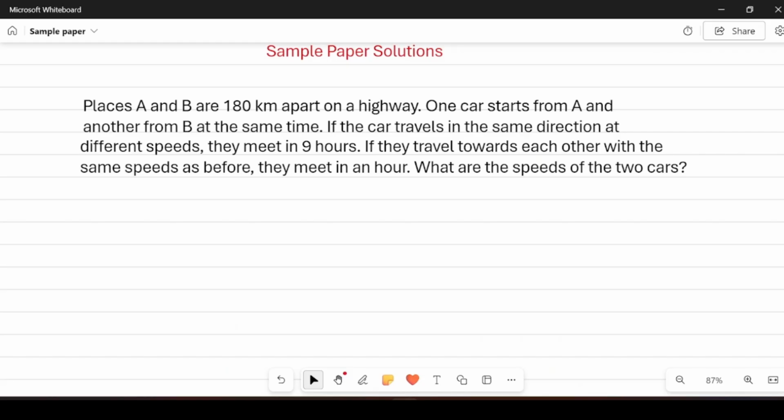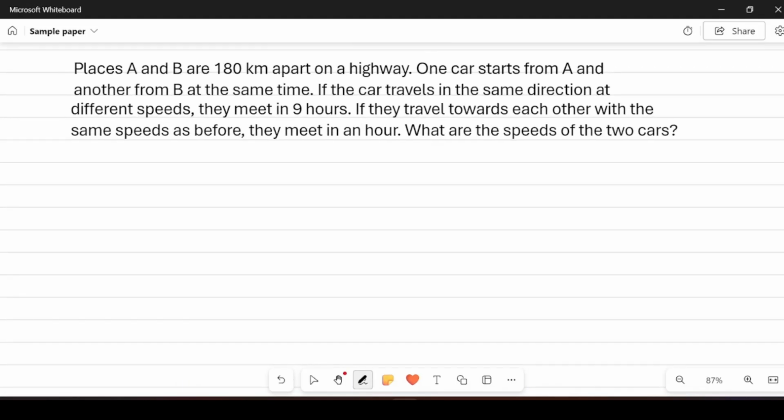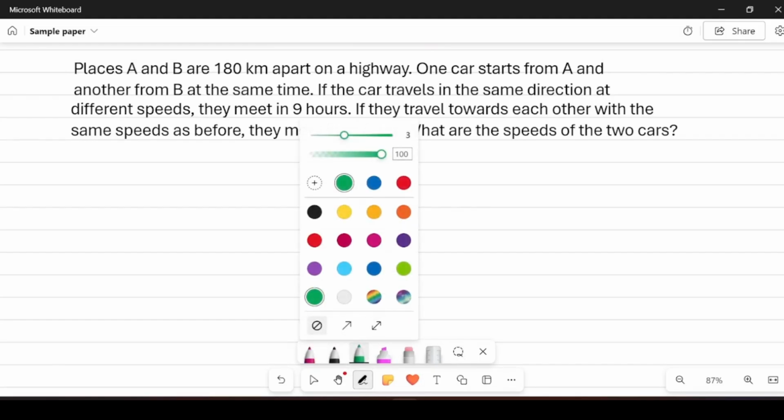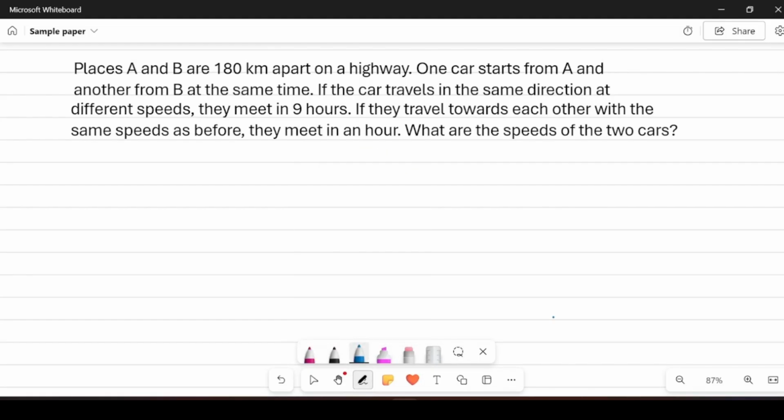Let's see. We have places A and B which are 180 kilometers apart on a highway. We'll take case by case. Let's start with case 1 where both are traveling in the same direction.